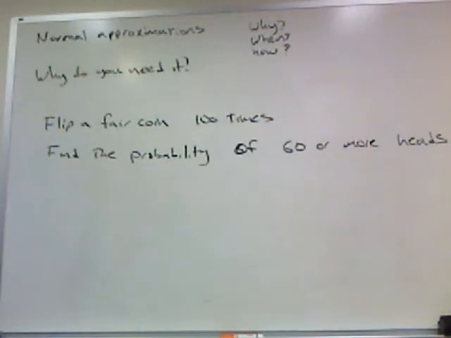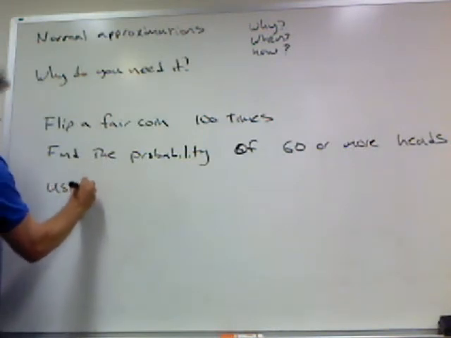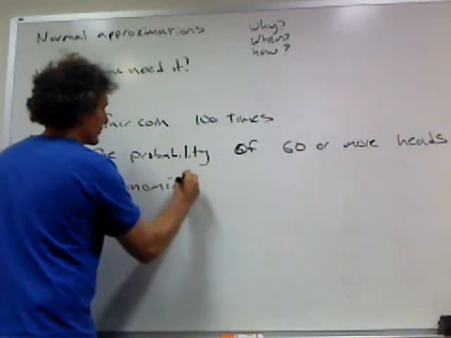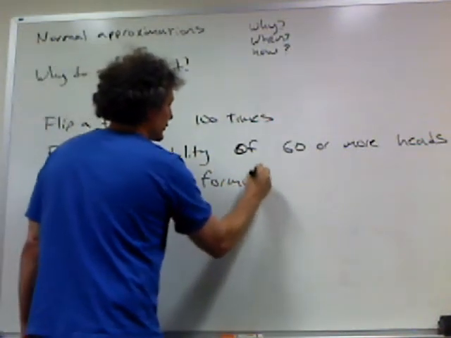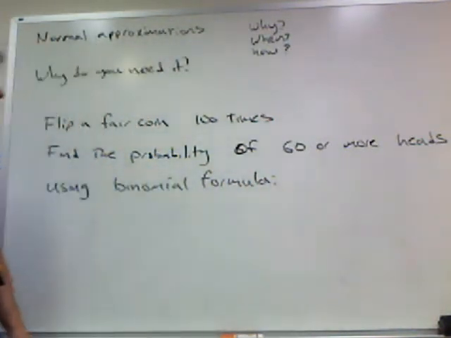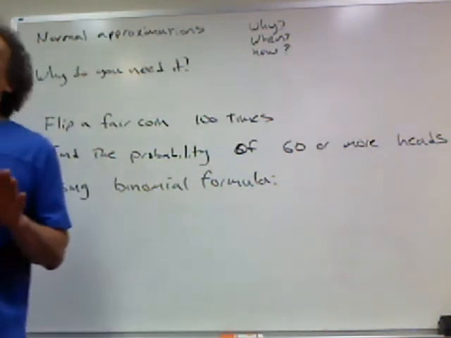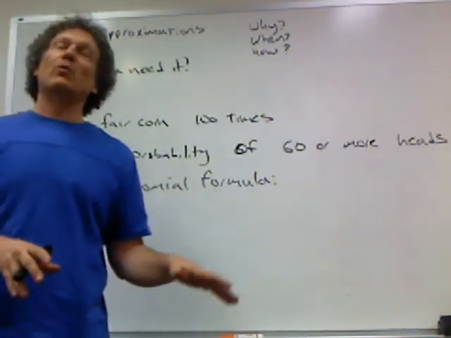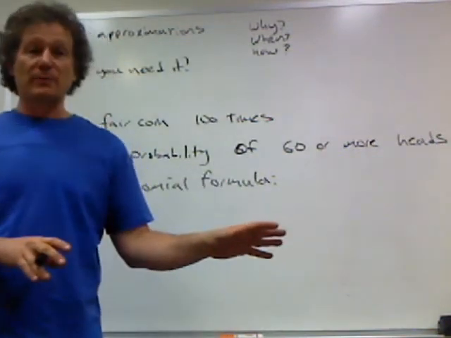Now you could do this using the binomial formula. Here's what it would look like. You'd say, okay, I'll find the probability of getting exactly 60, and then I'll find the probability of getting 61 and 62, and I'll add them all up.